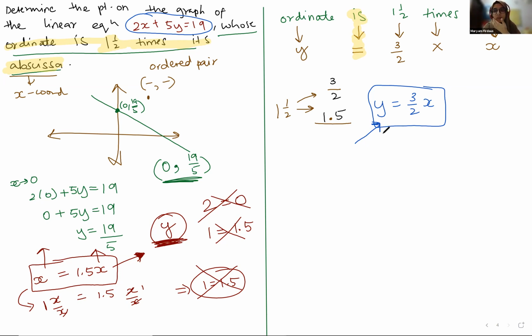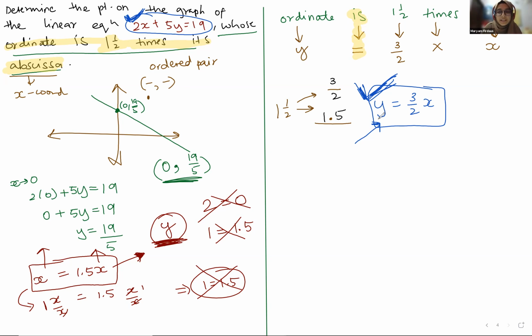So what this means is that the y coordinate of that point is going to be 3 by 2 times x. That point is going to follow the rules of this equation also and this one also.